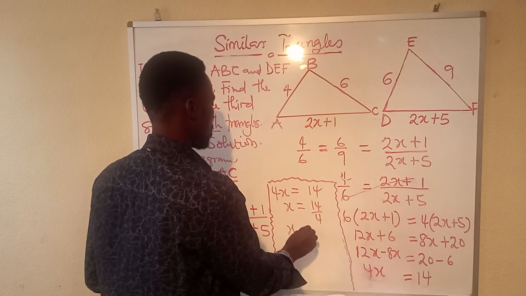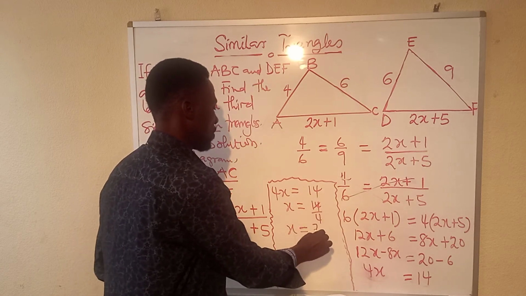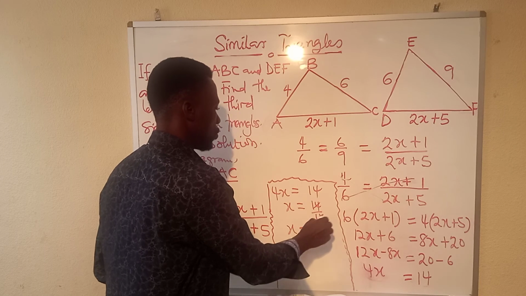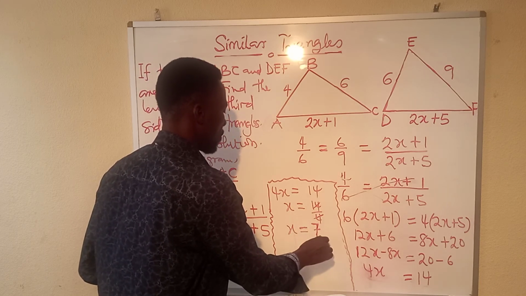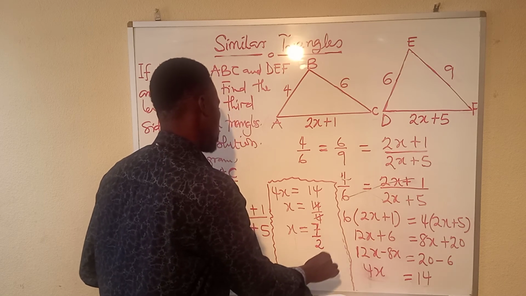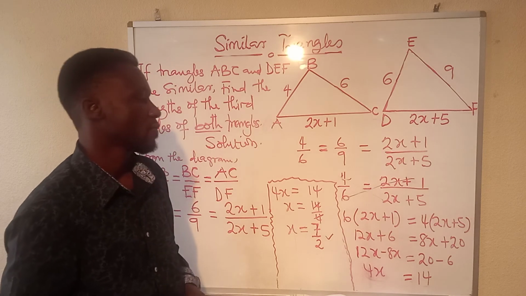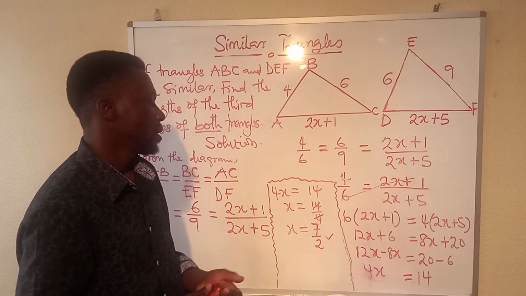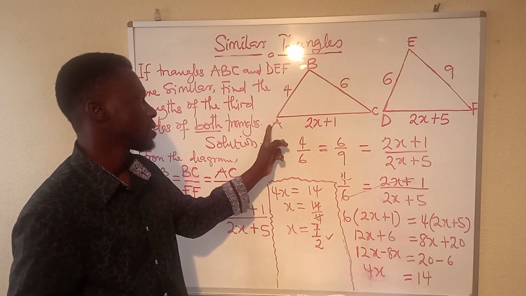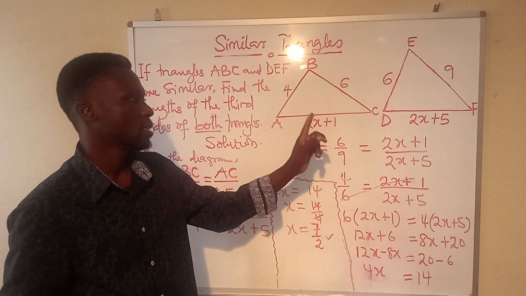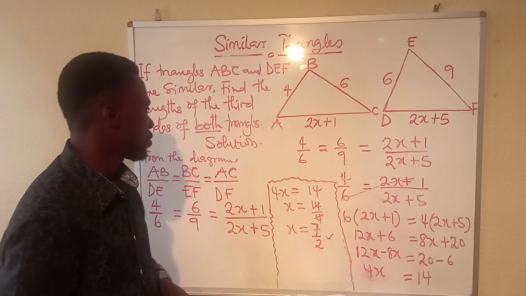Dividing by 2, 14 gives 7 and 4 gives 2, so x is equal to 7 out of 2. Now if x is equal to 7 out of 2, how are we going to find the values of the third side, that is AC and DF? Those are the sides that we are to find.